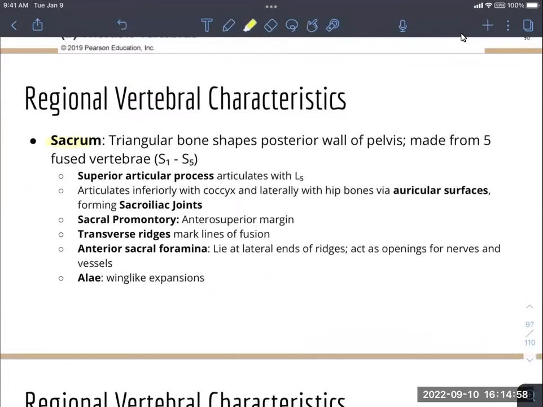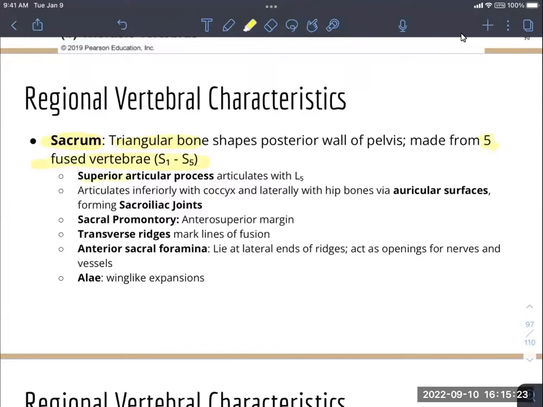Our sacrum. Our sacrum comes below our lumbar vertebrae. Our sacrum is like a triangular shaped bone. It's technically 5 fused vertebrae. It's S1 to S5.